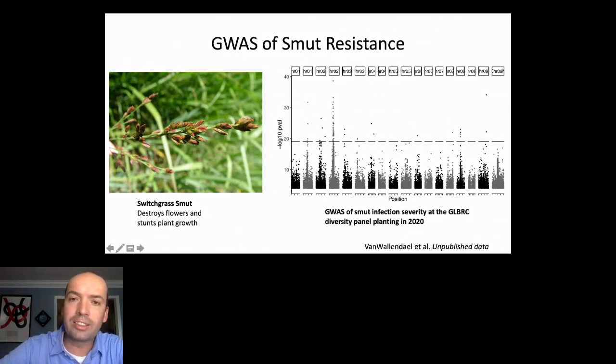But at the GLBRC field site up in Michigan, we actually did have a strong association with a locus on chromosome 2. And so we'll be exploring that further to see if there's anything going on this year, because we'll still be collecting data on smut going forward. So hopefully we'll have a nice paper on both smut and rust genome-wide association studies coming out sometime in early next year.